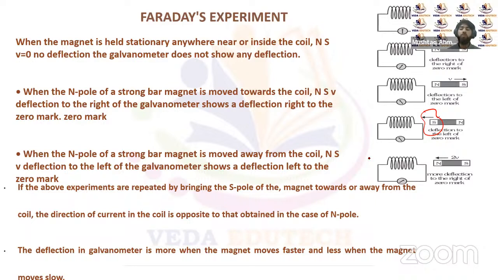But there was one more important observation. If he very quickly moved this bar magnet towards the circuit, the deflection he observed was greater. It means that if the bar magnet is moved faster towards or away from the coil, the deflection measured is greater and greater.